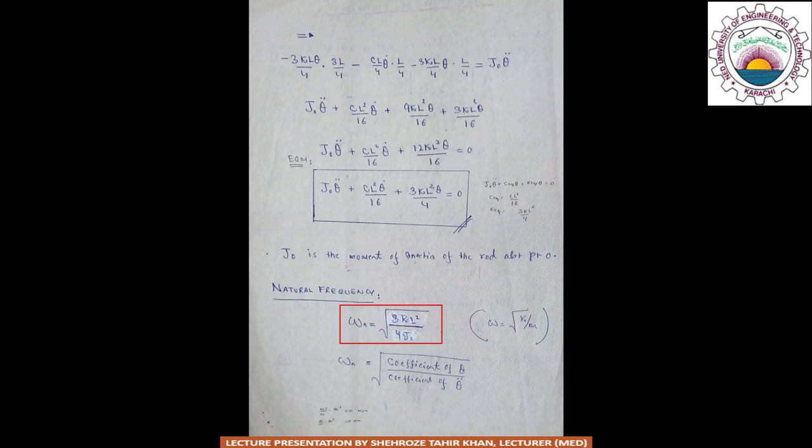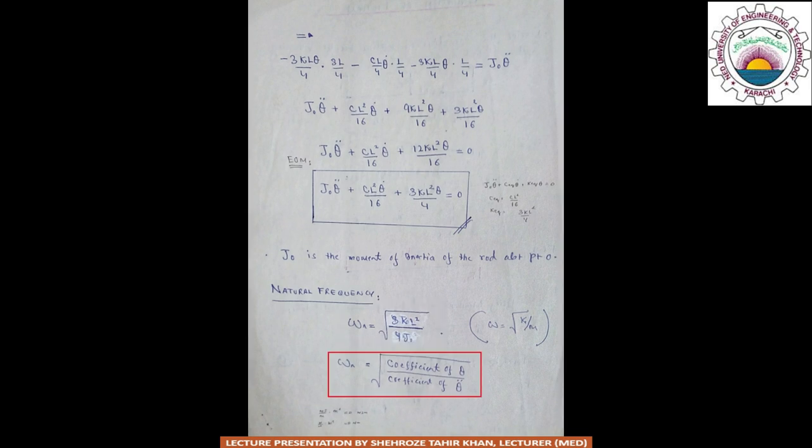In short, the natural frequency of a single degree of freedom system is equal to under root coefficient of theta upon coefficient of theta double dot if the system is performing rotational motion, or omega n is equal to under root coefficient of x divided by coefficient of x double dot if the system is performing linear motion.